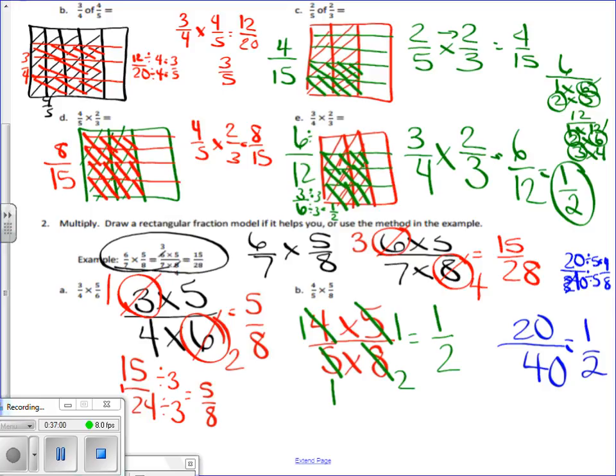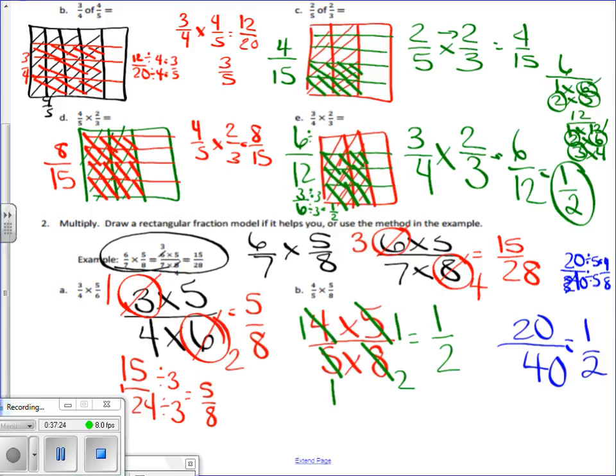When you've got this multiplying, you don't have to simplify within the problem if you don't get it. It just makes it to where you're not having to deal with such big numbers. If you don't get it, don't do it. If you do get it, do it. Just do it right.